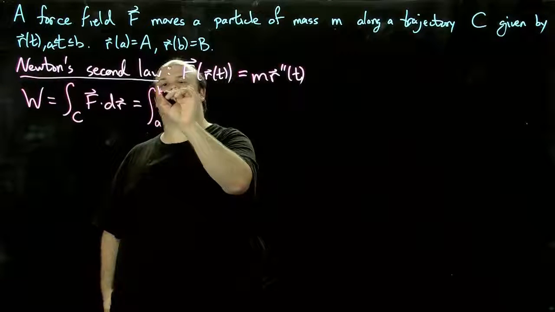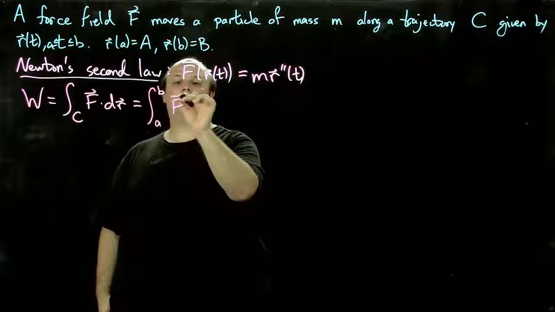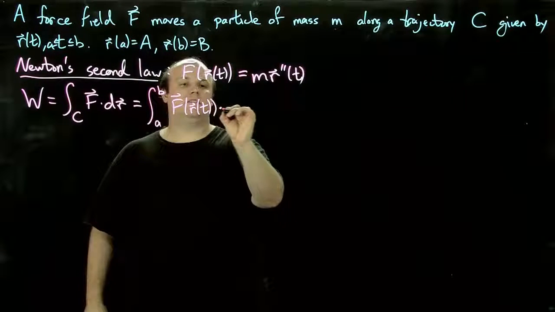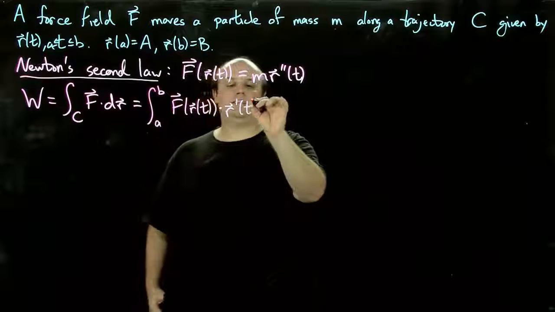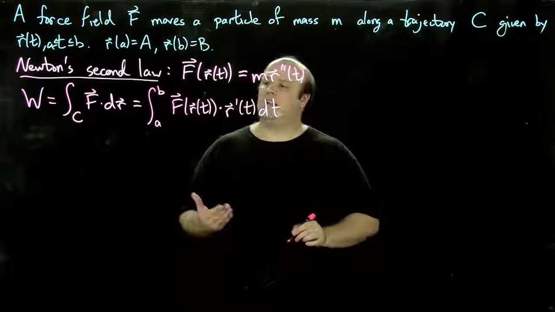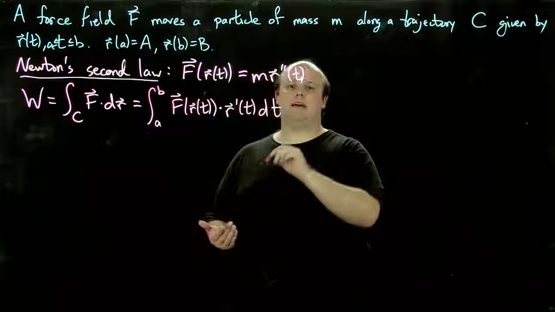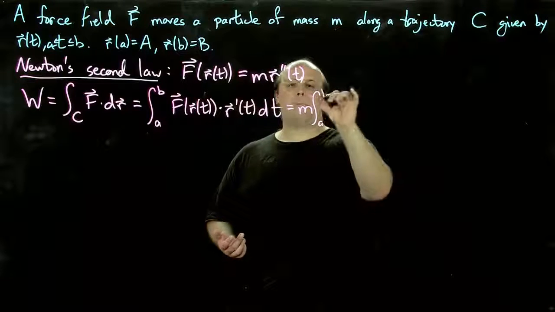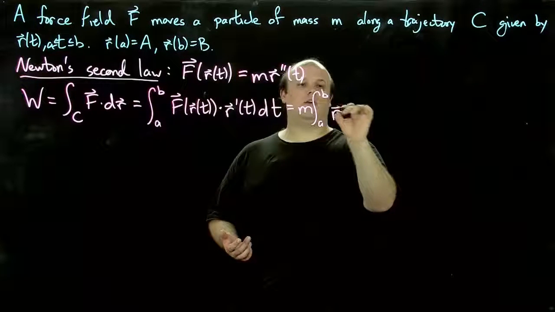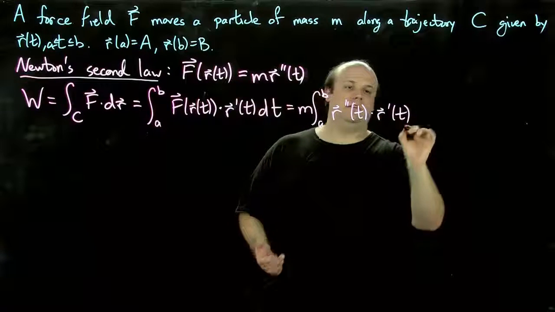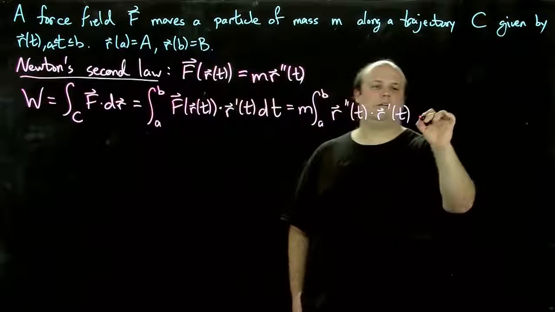So this is the integral from a to b of F of r of t dot product r prime of t dt. Okay? But F of r of t is mass times r double prime. So I'll pull out the mass, and then this is r double prime of t dot product with r prime of t, dt.